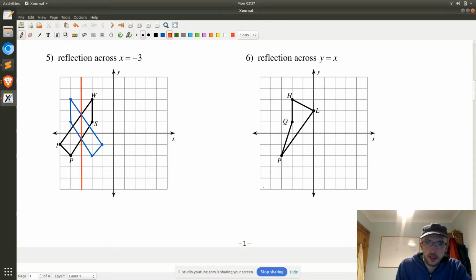Across the line y equals x. Make the diagonal. Get the points. That one. That one.